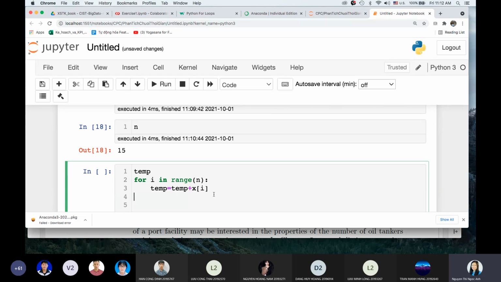And now my mean, x bar, equals temp over n.